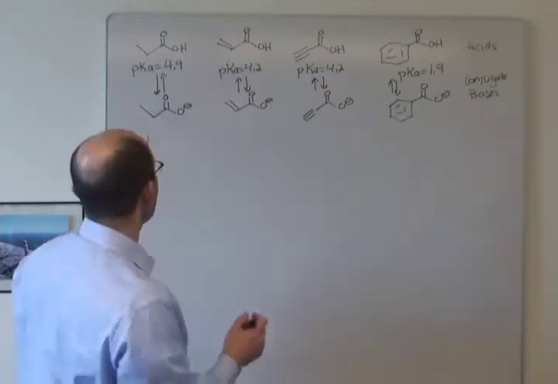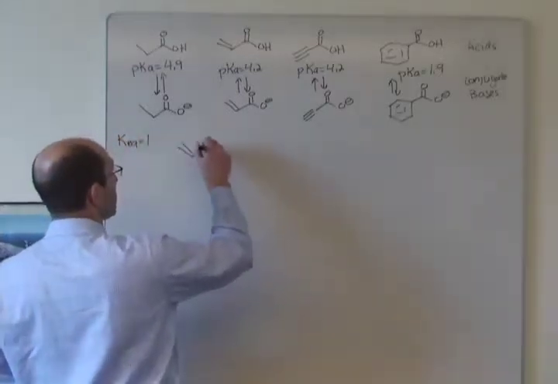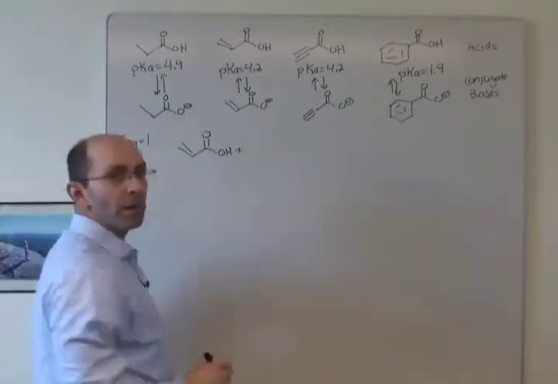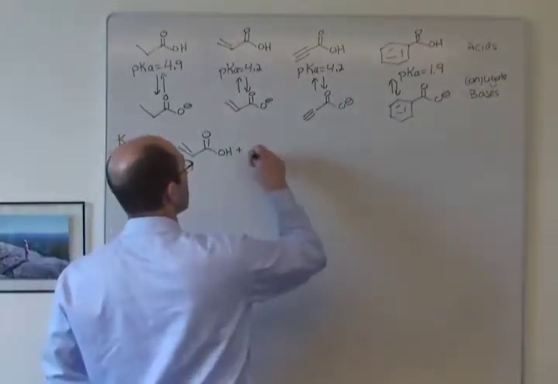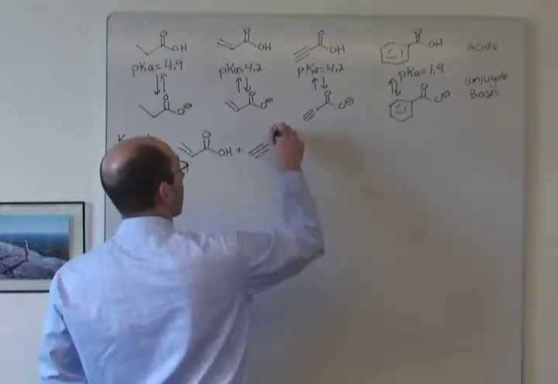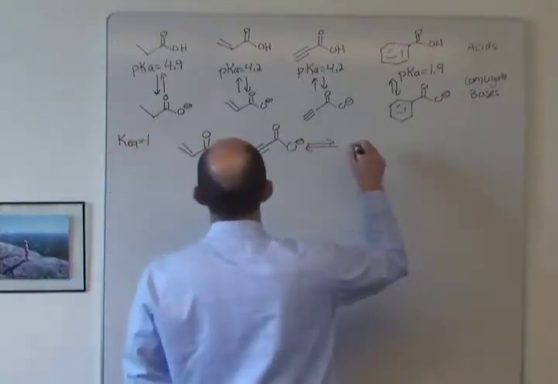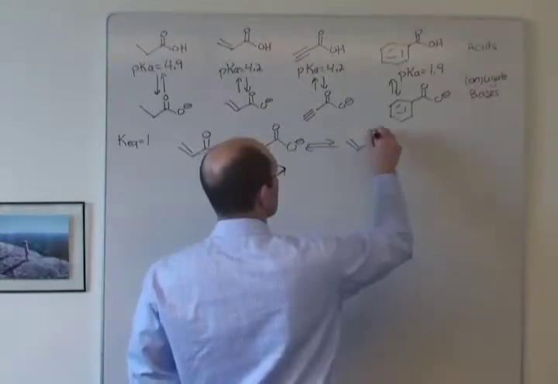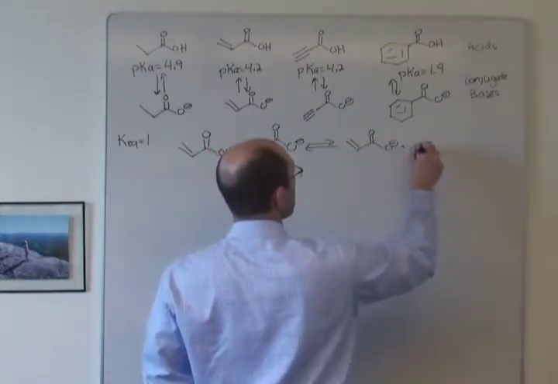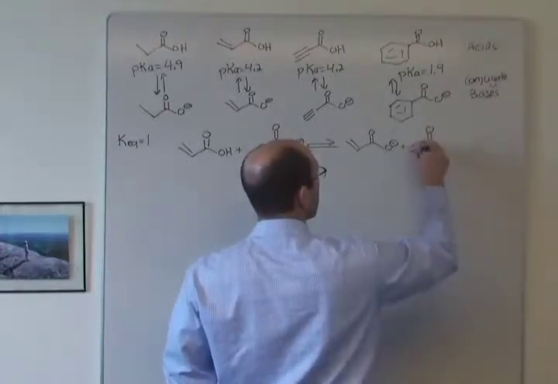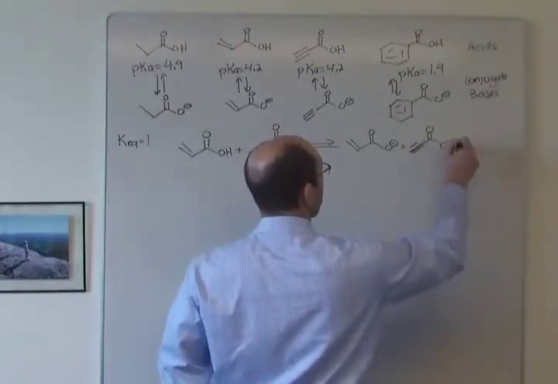So when we're looking at this reaction, we're going to take one of the acids plus the conjugate base for the other molecule. And then that's going to give us the other conjugate base plus the other acid.